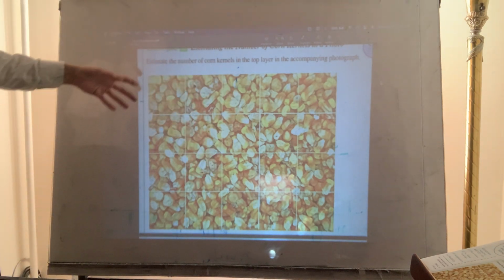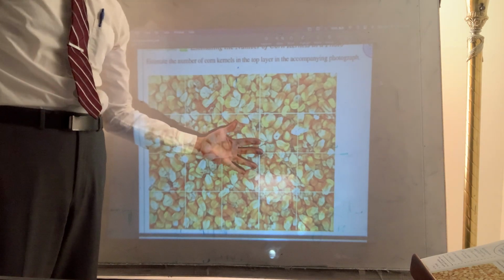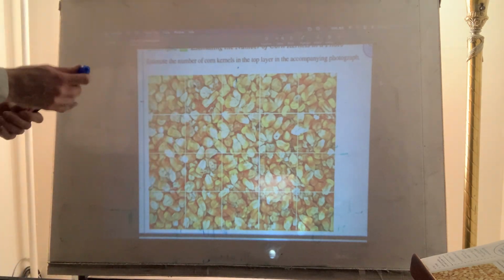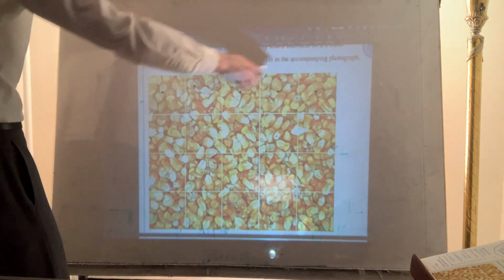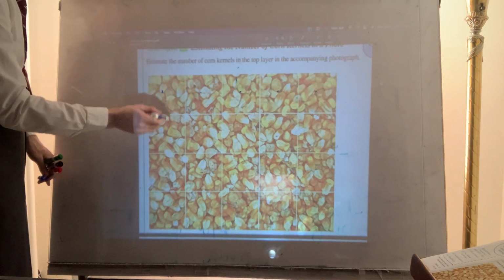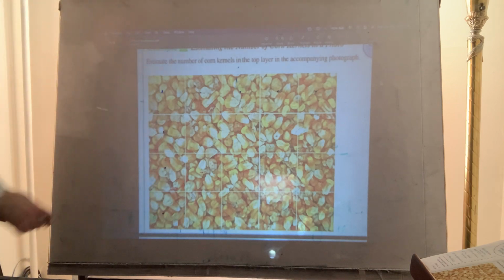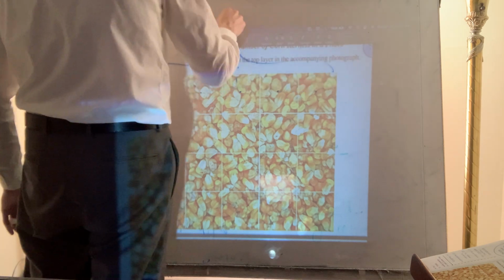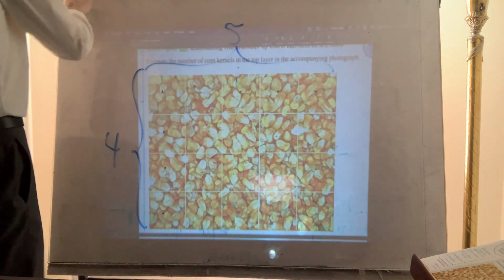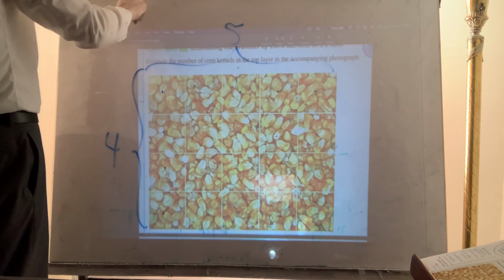What you've noticed is that they've overlaid a grid that's superimposed on here, and that means there are 1, 2, 3, 4, 5 boxes this way and 1, 2, 3, 4 boxes this way. You have a rectangle that is basically 4 by 5, which means that there are 20 boxes.